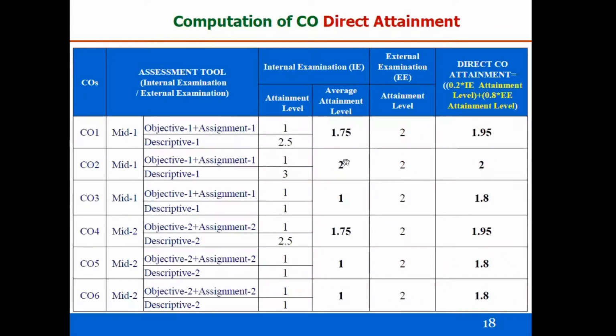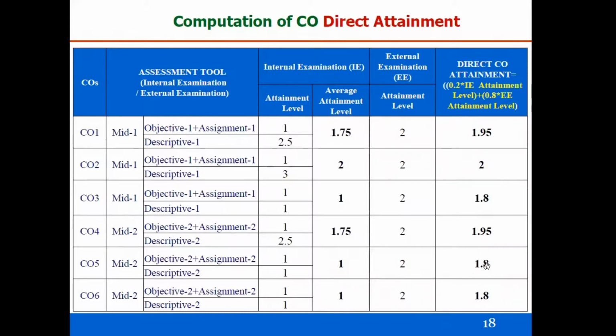Similarly, for CO2, 0.2 into 2 plus 0.8 into 2. So here you will get 2. Then for CO3, 0.2 into 1 plus 0.8 into 2. So here you will get 1.8. Then for CO4, 0.2 into 1.75 plus 0.8 into 2. So you will get 1.95. Then for CO5, 0.2 into 1 plus 0.8 into 2.